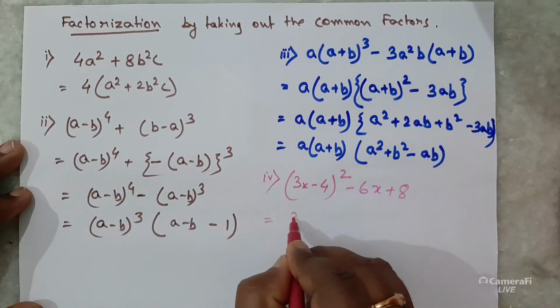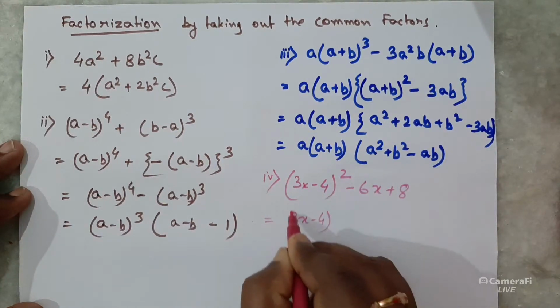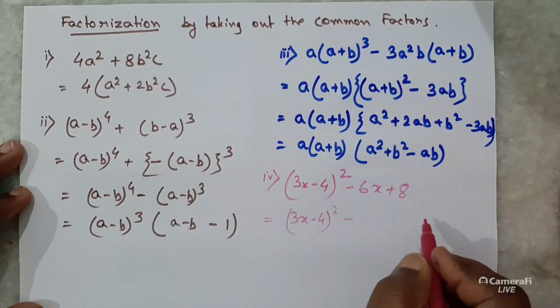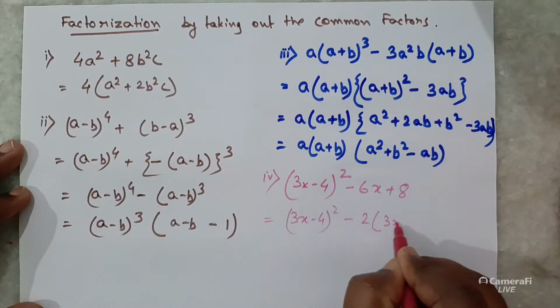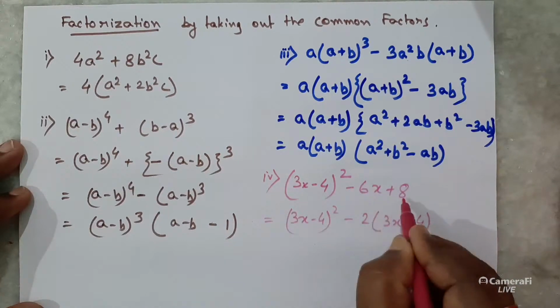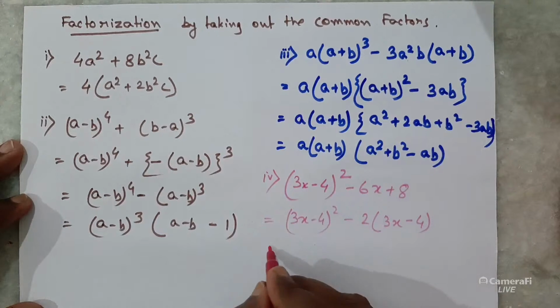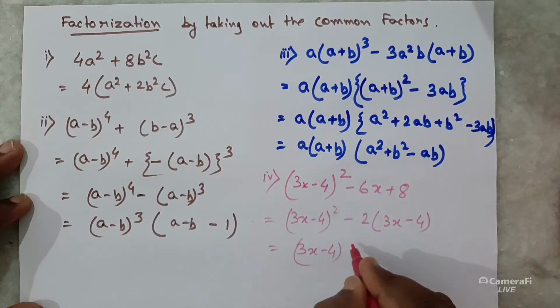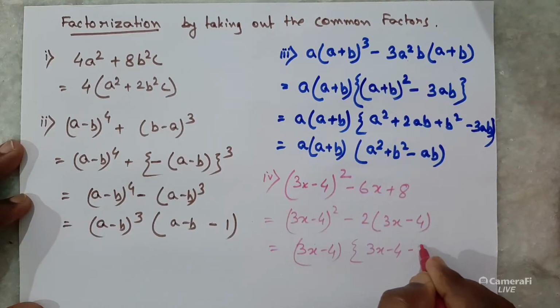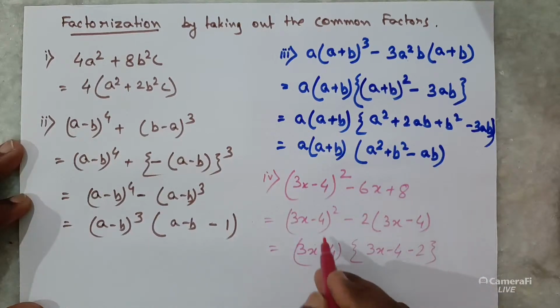See, 3x minus 4, we will not do the square. If we take 2 common, minus 2 common, then it will be 3x minus 4, this one. Okay, so then we can take common 3x minus 4 and we can write 3x minus 4 minus 2, isn't it?